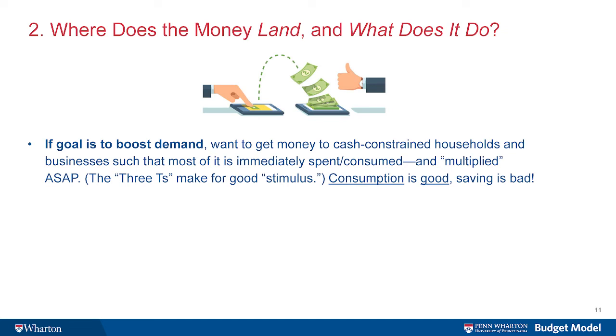So if the goal is to boost demand, if we're in a less than full employment economy, we want to get money to cash-constrained households and businesses such that as much of it as possible will be immediately spent or consumed. And that's what economists sometimes call a multiplier effect. You increase demand for a particular product that is produced in an industry that has high unemployment. By boosting demand for that product, you will increase the demand for workers in that industry.